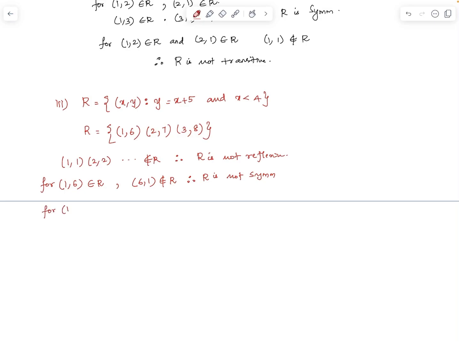For (1, 6) in R, there is no ordered pair such that 6 is the first element, that is, (6, z) does not belong to R. Same is the case with (2, 7) and (3, 8). Therefore, R is transitive. Putting the results together, R is only transitive. It is neither reflexive nor symmetric.